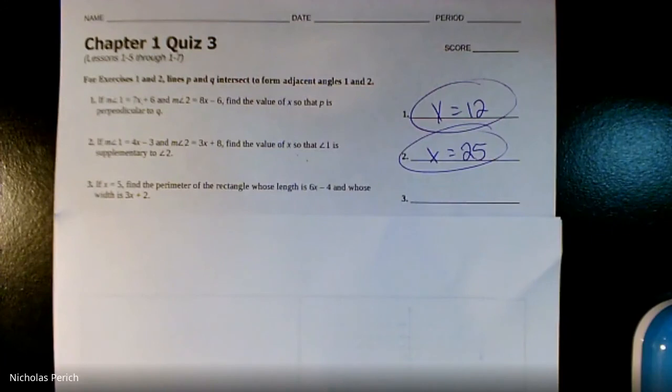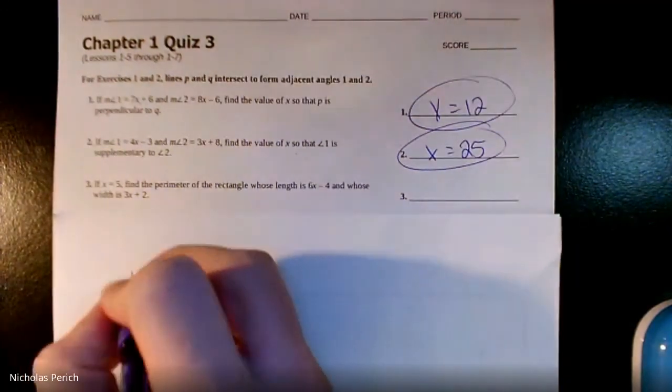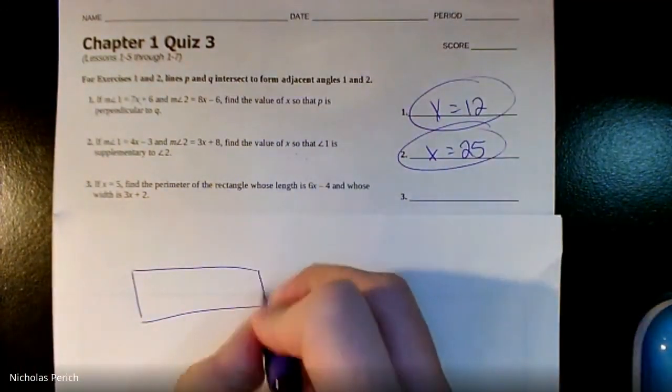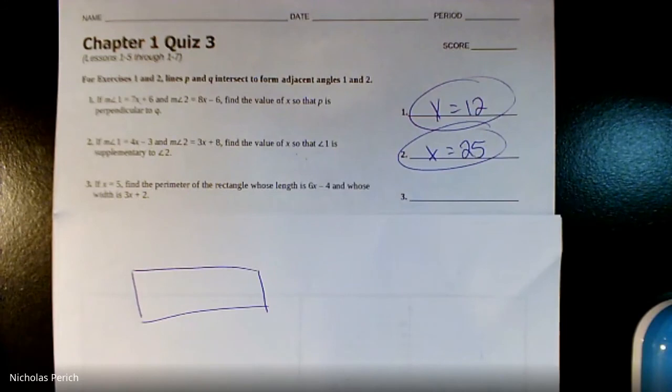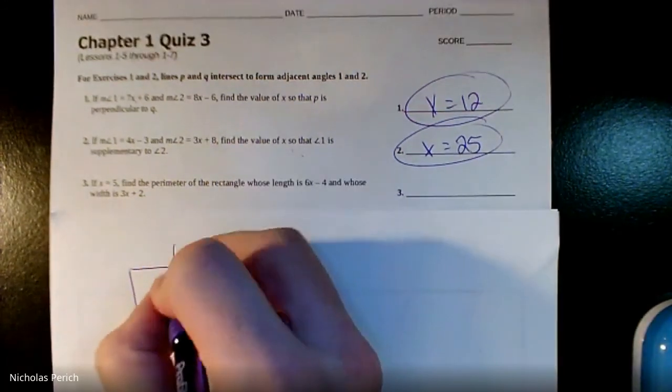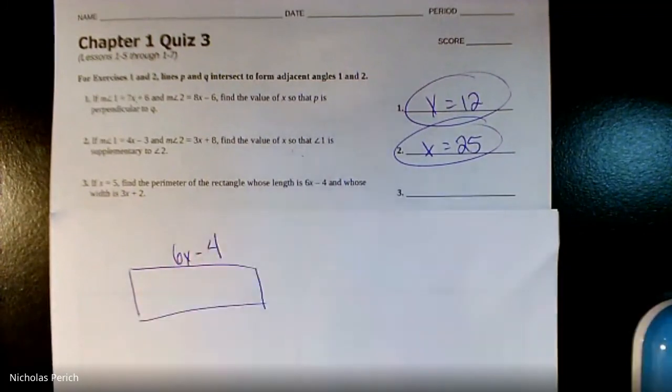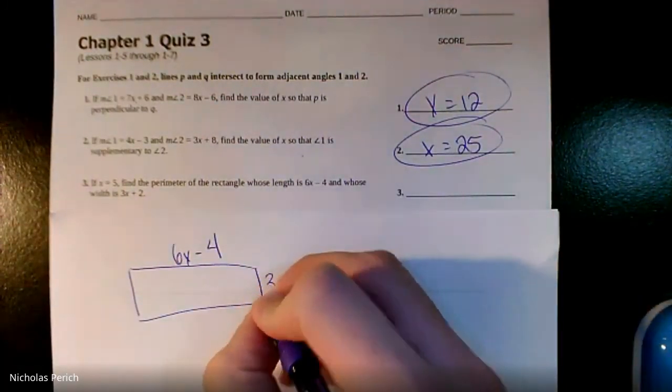If x is 5, find the perimeter of a rectangle whose length is 6x minus 4 and whose width is 3x plus 2. All right, well, let's draw a rectangle. That's the best rectangle ever. Length is 6x minus 4, width is 3x plus 2.